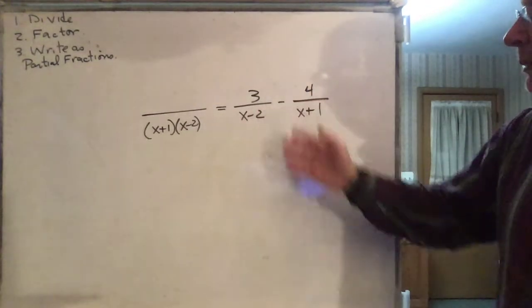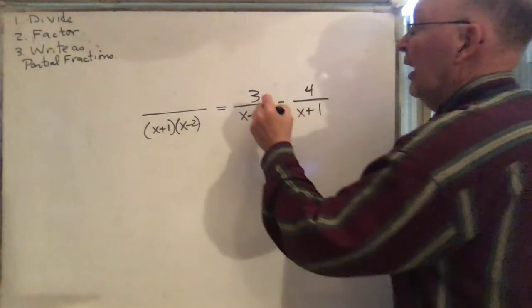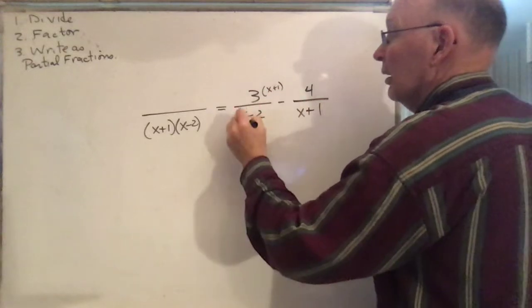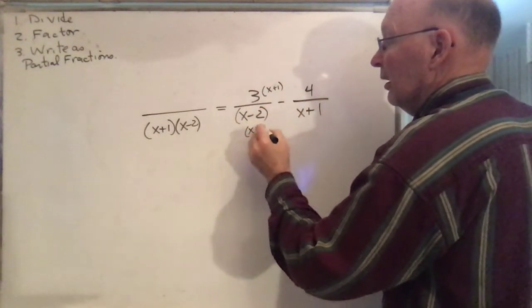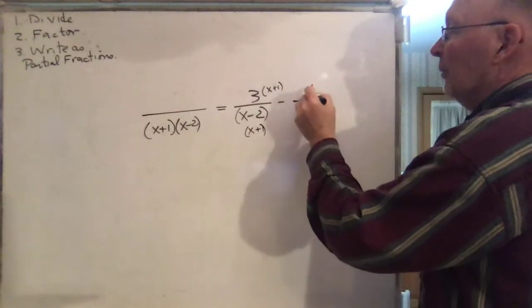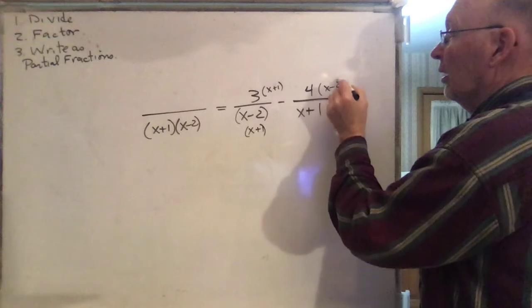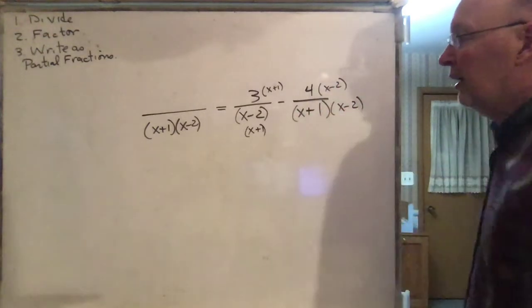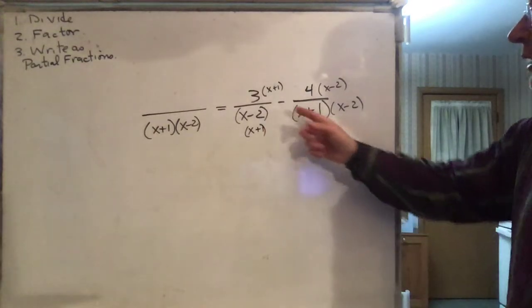So if I were to add them together, I would have to multiply the top and the bottom of this thing by an x plus 1, like so, and I'd have to multiply this thing by an x minus 2. Agreed? Now they have the same denominator, so I can add them together.